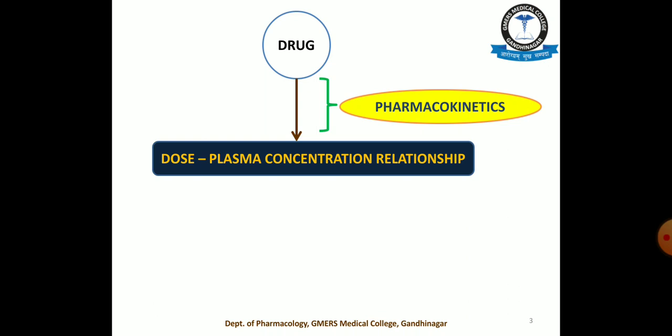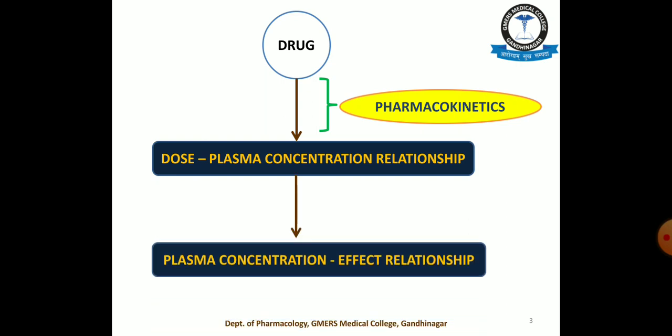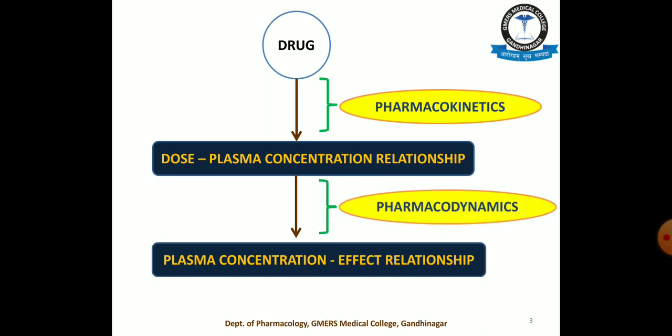Now what next? Once the drug reaches the plasma, it reaches the target site, and after reaching the target site, that amount of the drug produces a response. The relationship between the drug concentration and the effect produced is called the plasma concentration effect relationship, and that is decided by the pharmacodynamic principles.